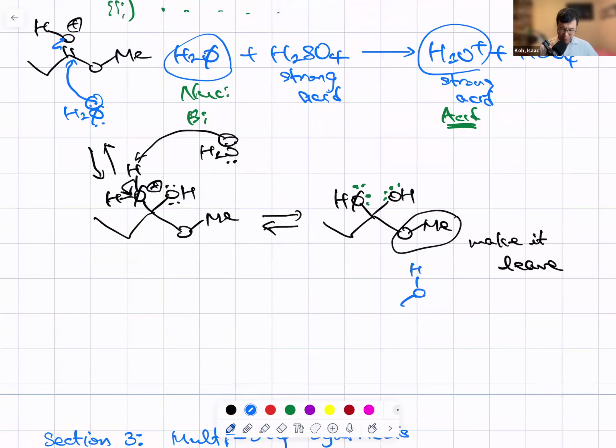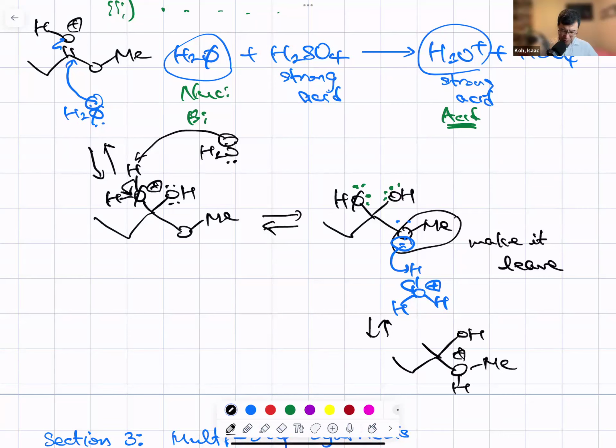That's the difference between acidic hydrolysis and basic hydrolysis. We need to protonate this one first and make it into a good leaving group, now with positive charge. So this is a good leaving group now, and then OH and OH.